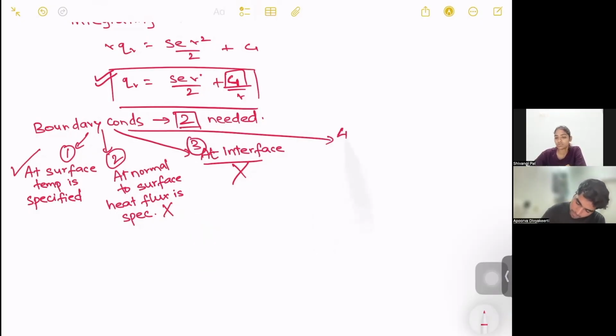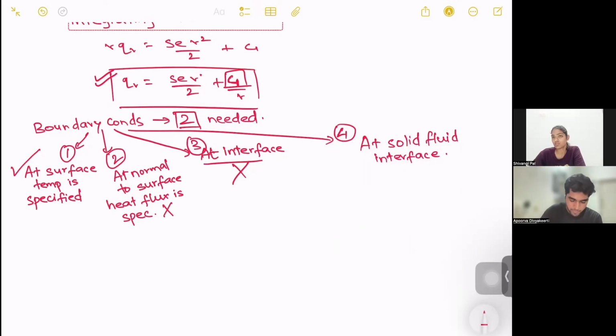That is why the third boundary condition is not applicable over here. The fourth boundary condition was at a solid fluid interface, where the normal heat flux component may be related to the difference between the solid surface temperature T naught and the bulk fluid temperature T_B. Again, this is also not applicable to our case.